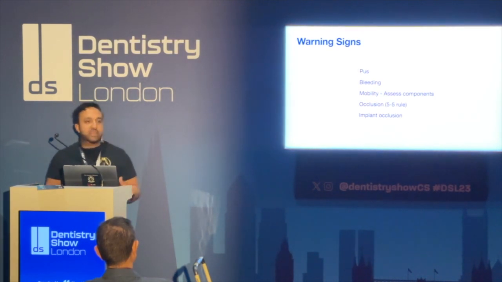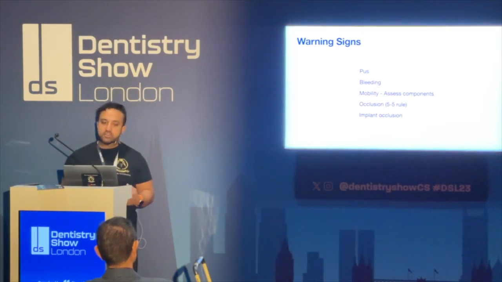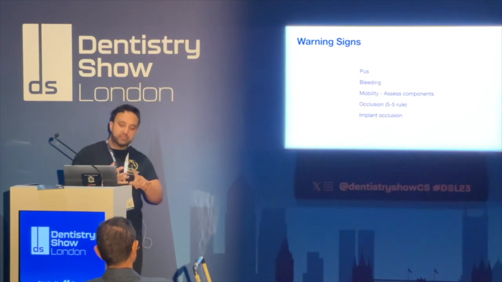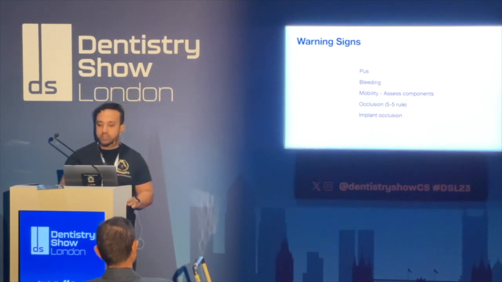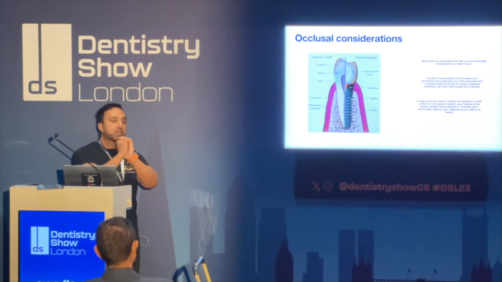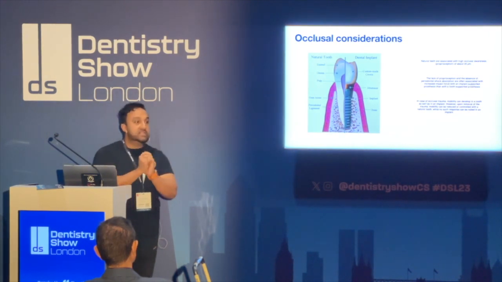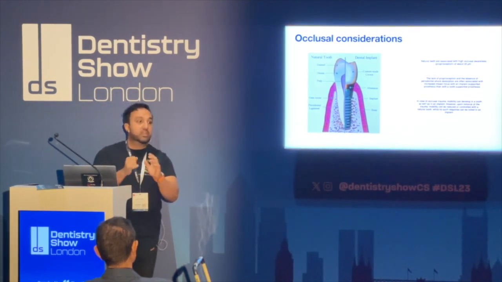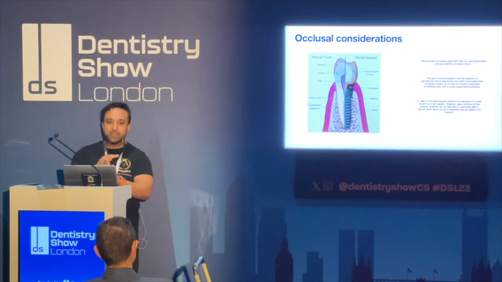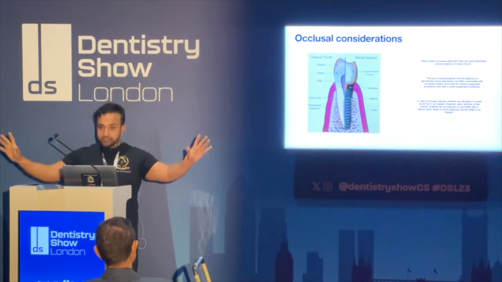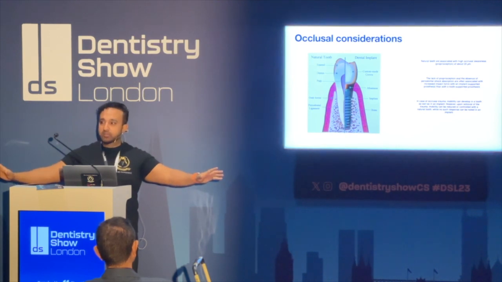So be aware, if you've lost posterior support, you need to have that. Any signs of parafunction. How do we define parafunction? Parafunction is any contact between the teeth that occurs not during chewing or swallowing. If you all swallow in this room, give me a swallow. What happens?